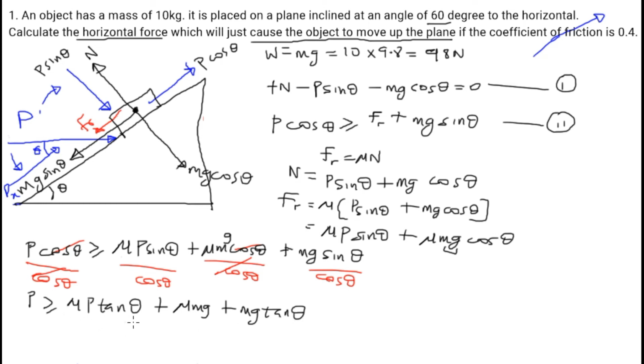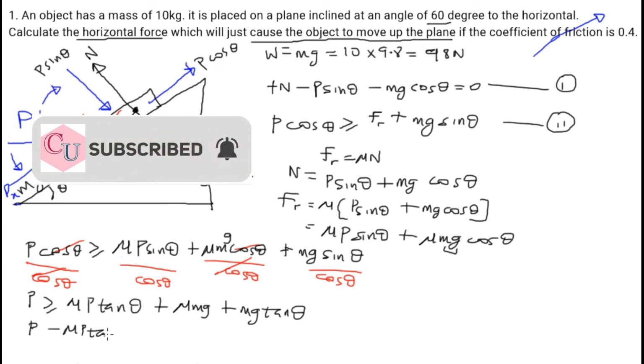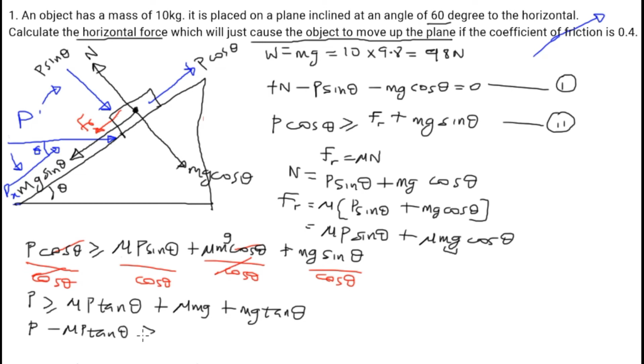By taking mu P tan theta to the other side of the inequality, we are able to make P the subject of the formula. Then P minus mu P tan theta has to be greater than or equal to mu mg plus mg tan theta.